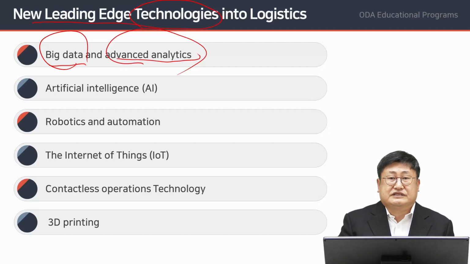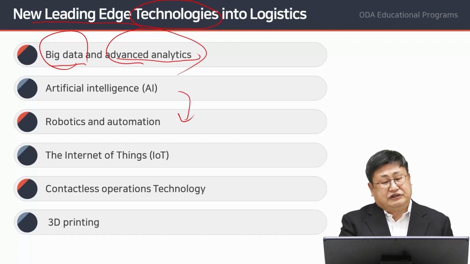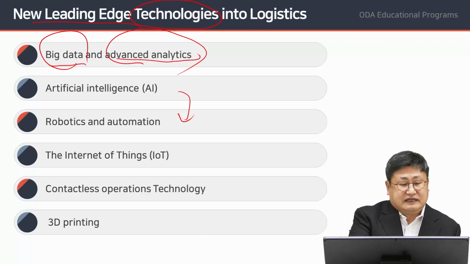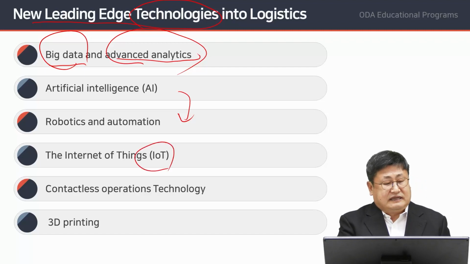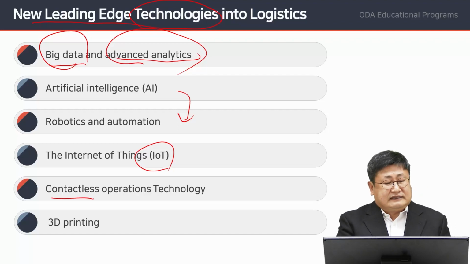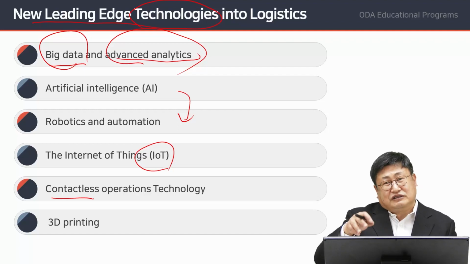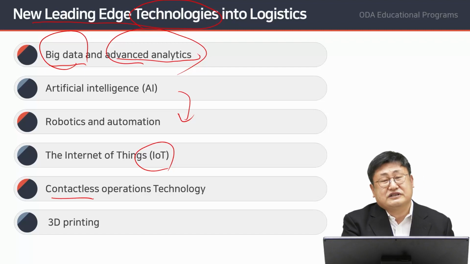This is associated with robotics and automation, IoT, the Internet of Things, and containerless operation technology. Containerless means that the COVID-19 problem changed people's social distancing, right? So the technology does not touch the person, does not touch the machines, does not touch the product.